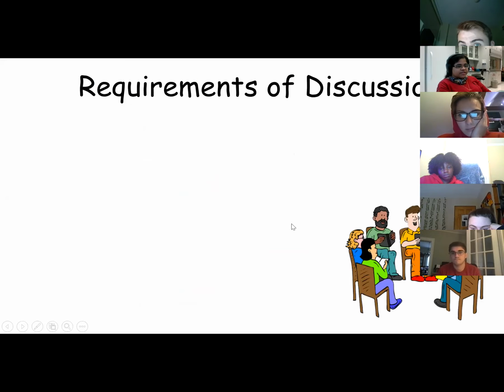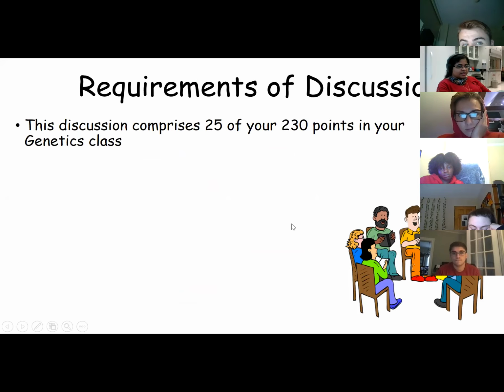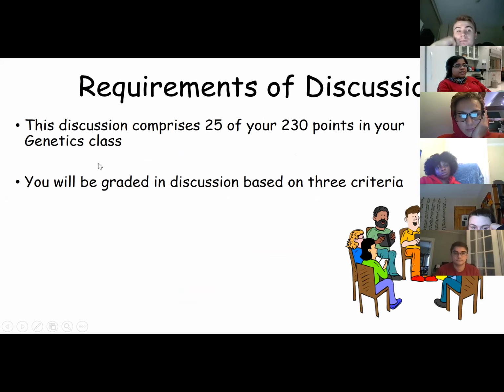So requirements of discussion. The sections include 25 points out of your 230 points in the genetics course itself. You will be graded based on 3 criteria.